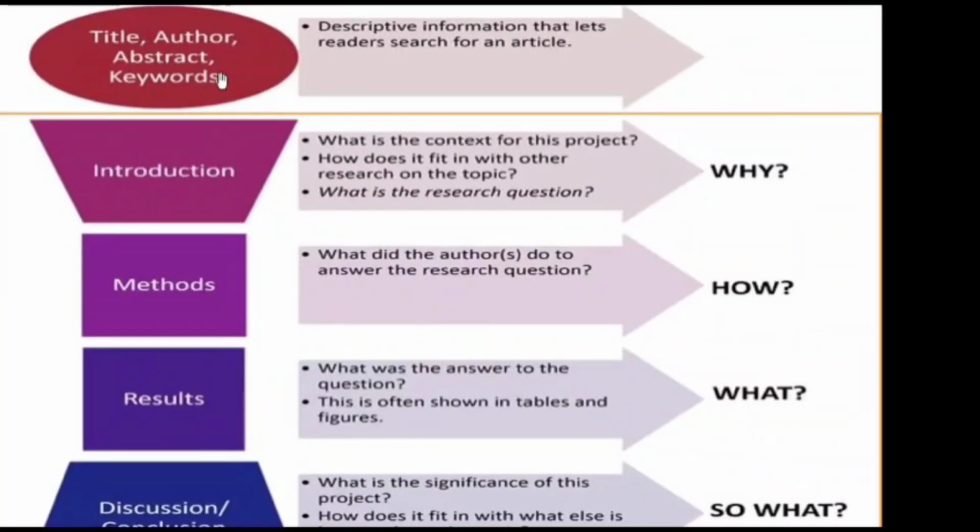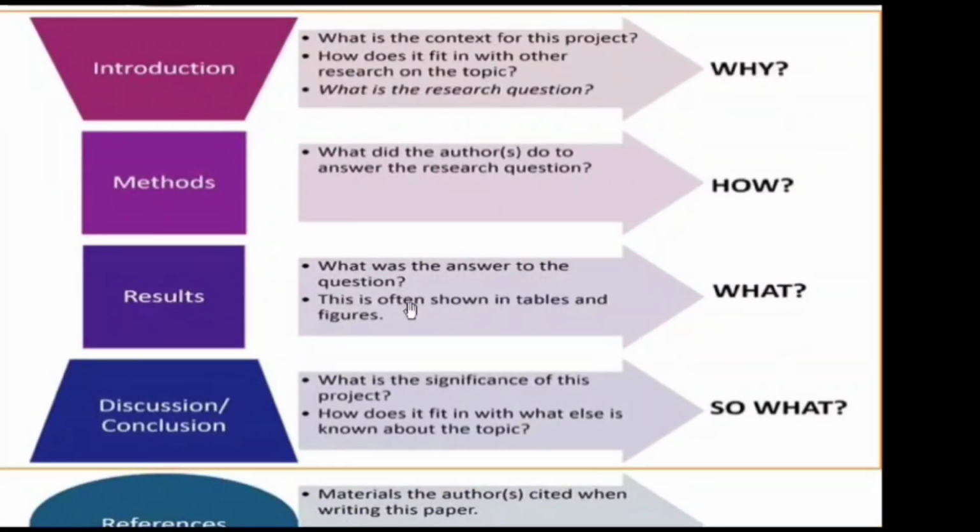Your title must be first, and then the authors, then abstract, and you must have keywords. Then introduction: what is the context of this project, how does it fit with other research on the topic, what are the research questions and methods, what did the authors do to answer the questions. And results means what was the answer to the question. This is often shown in tables and figures.